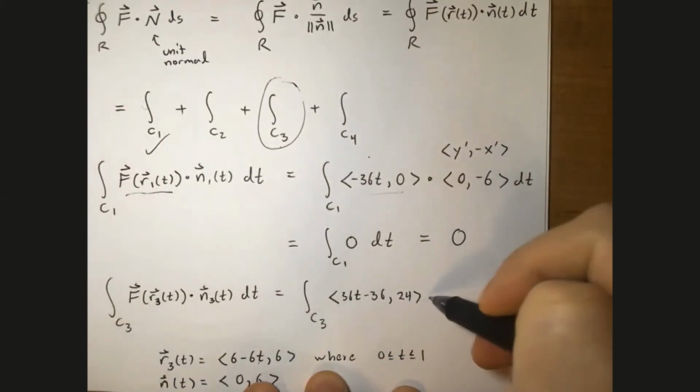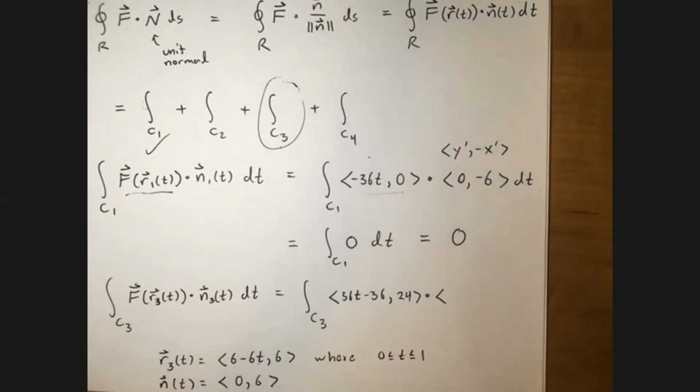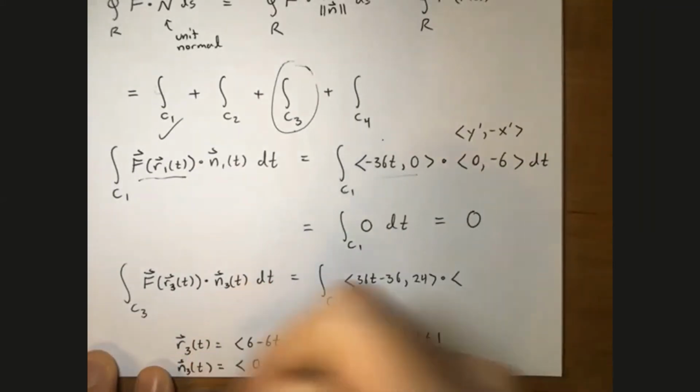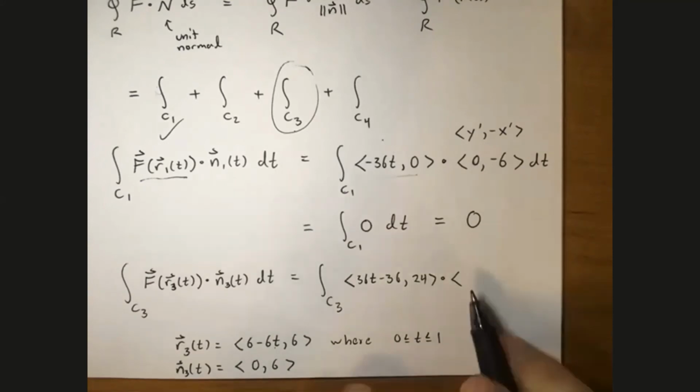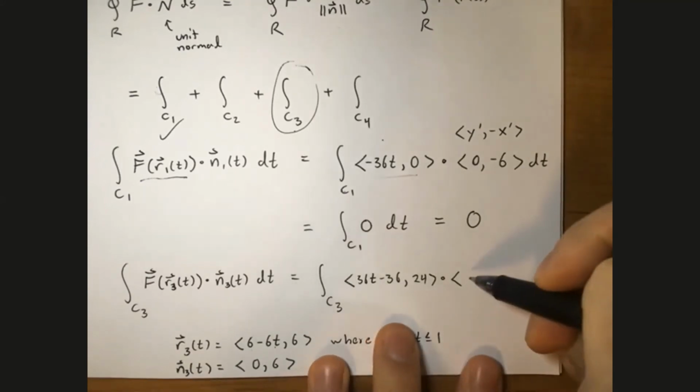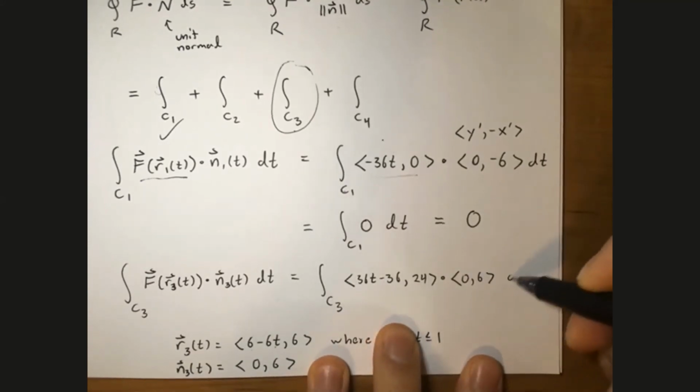And then I'm going to dot that with n of t. Actually, I should call this n3 of t because it's different than the n1 of t, right? n3 of t is going to be 0, 6, as we said.